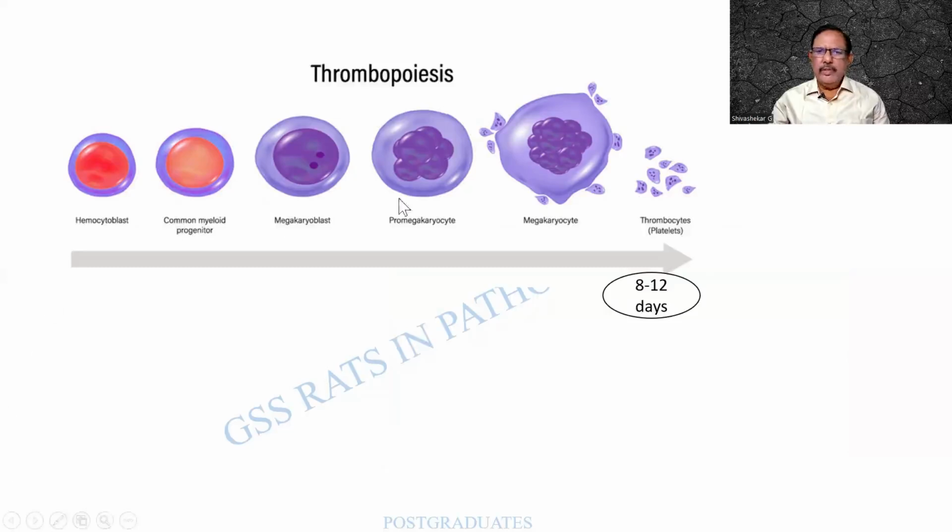So this is the maturation of the platelets. There is a hemocytoblast or a committed stem cell. And then there is a myeloid and a common precursor. This will lead to not only the myeloid series, but also the megakaryocytic series. That is why in a case of chronic myeloid leukemia, not only are the leukocytes increased, but also the megakaryocytes.